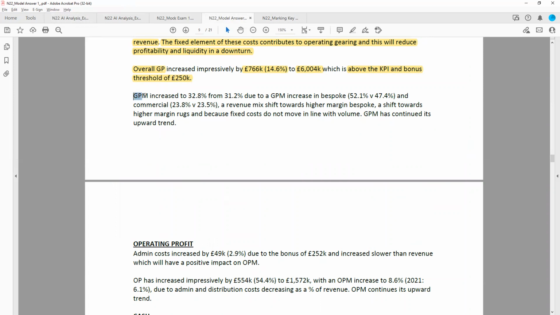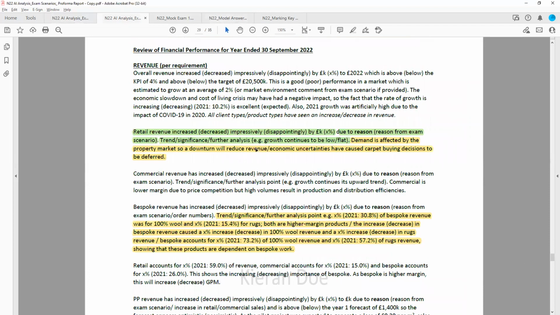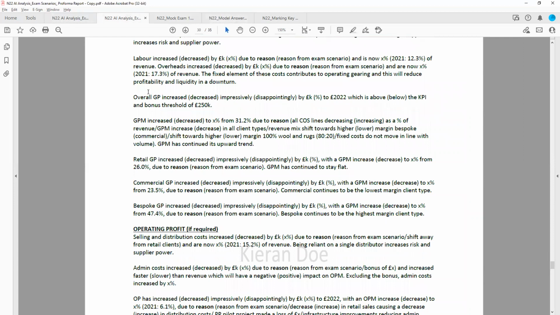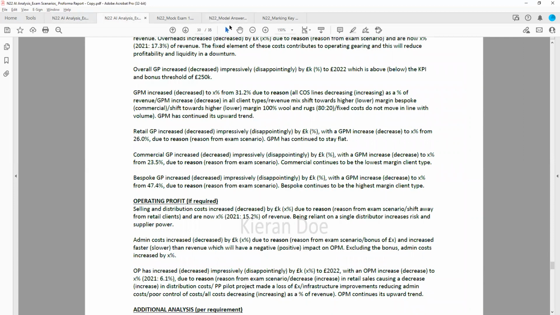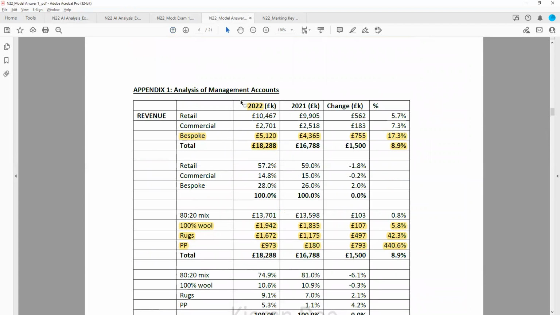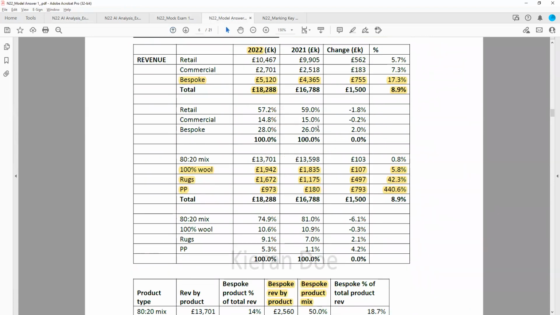But then, gross profit margin, we really want to look at this. We said the overall gross profit margin has gone up, and then we think about our reasons why. We thought about a lot of these reasons in the AI analysis class, and we said you should think about the change in revenue mix. If revenue has shifted towards the more profitable client type or product type, then that will cause gross profit margin to go up.